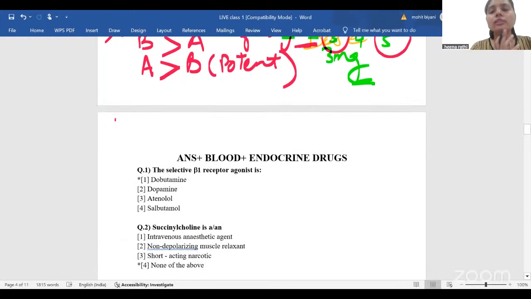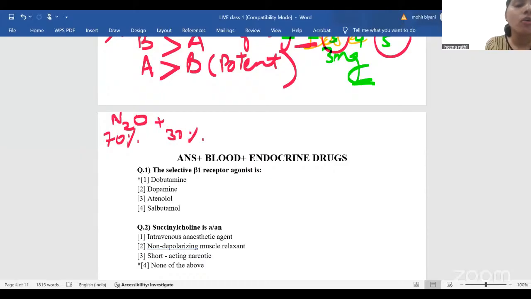Nitrous oxide is an inhalation agent given for general anesthesia, usually in a higher concentration, about 70% by the inhalation route, plus 30% oxygen, because nitrous oxide has low blood solubility.